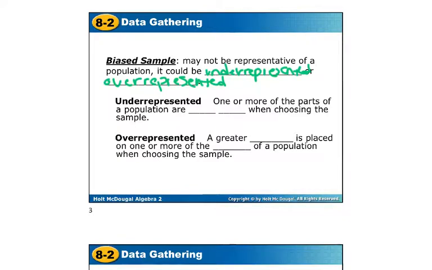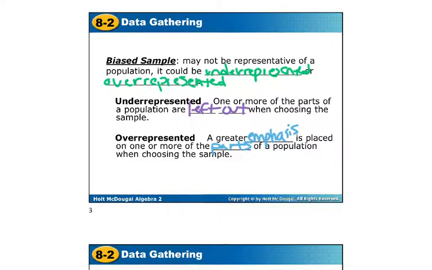So to be specific, underrepresented is one or more of the parts of a population are left out when choosing the sample, and then overrepresented is going to be a greater emphasis is placed on one or more of the parts of a population when choosing the sample.